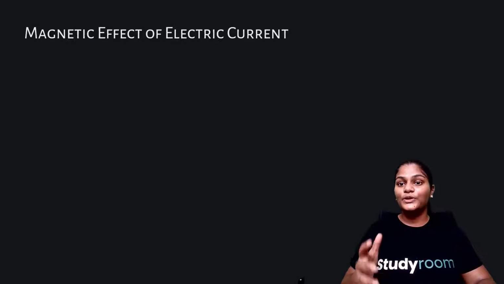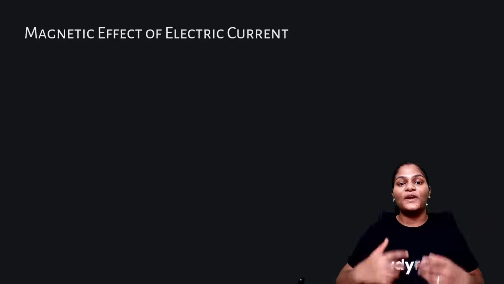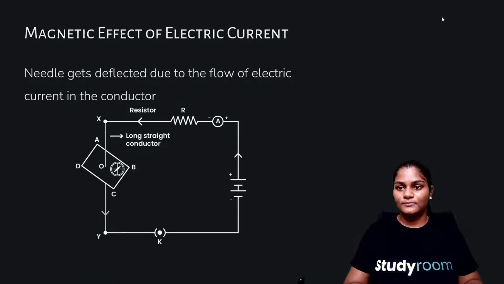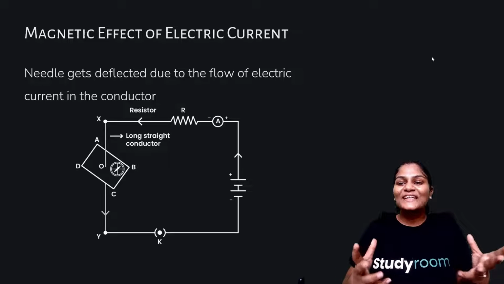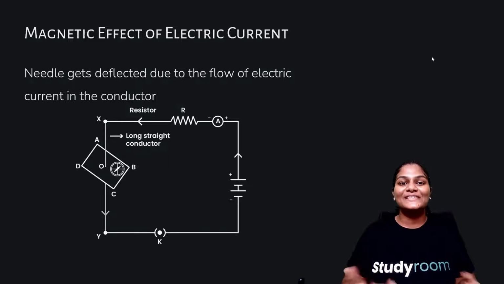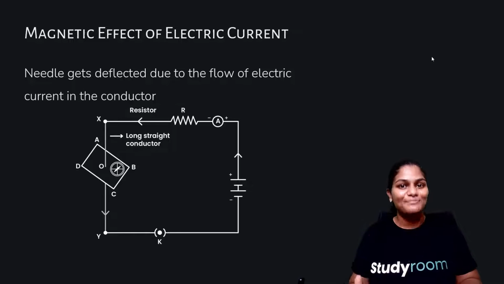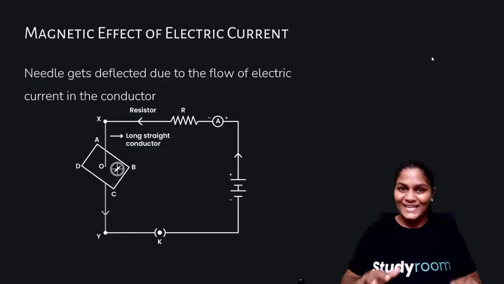So now we're going to come to the real part that we need to study, that is the magnetic effect of electric current. So it was observed by a scientist called Hans Christian Ørsted. He actually accidentally observed this. The discovery of the phenomenon that electric current has magnetic properties was a complete, accidental discovery.